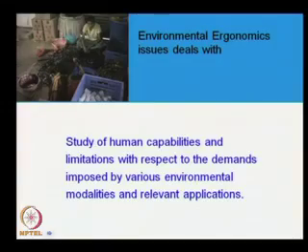Now, environmental ergonomics deals with the study of human capabilities and limitations with respect to the demands imposed by various environmental modalities and relevant applications.